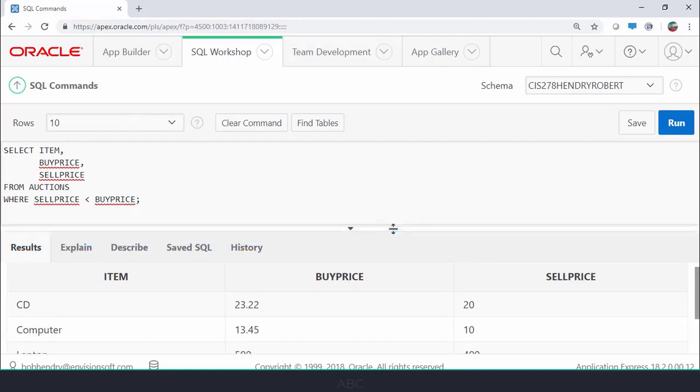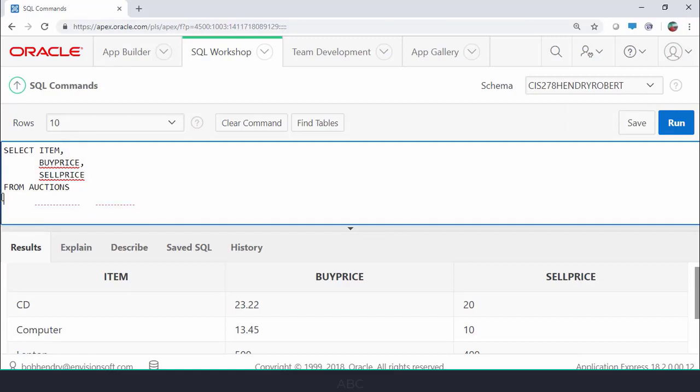All right. Now, what if I wanted to list the profit or the loss? Now, we kind of did this one. But as a review, if I wanted to list the profit or the loss, it would be item, buy price, and sell price. And I will put in the sell price minus the buy price.